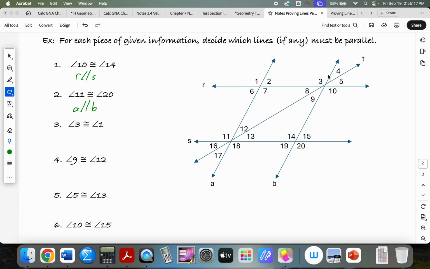Well, angle 3 is made by the sides line B and line R. And the sides of angle 1 are A and R. So R is the transversal, and A and B are the two parallel lines.